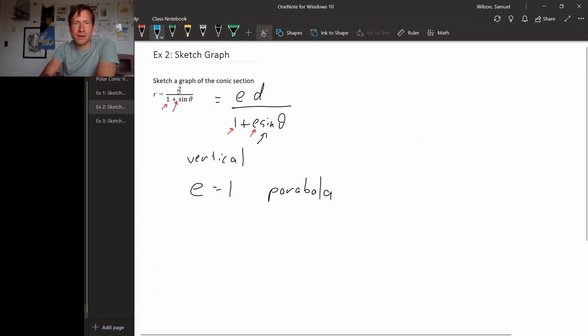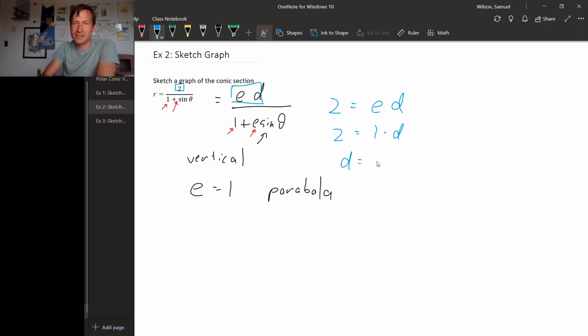Okay, now we can compare numerators. So 2 has to be equal to E times D, but the eccentricity is 1. And so our D value, that is the distance from the focus to the directrix, is 2. Okay, so now we can sketch our parabola.